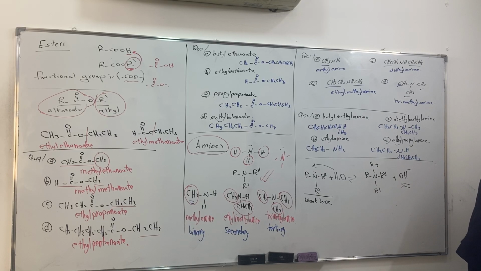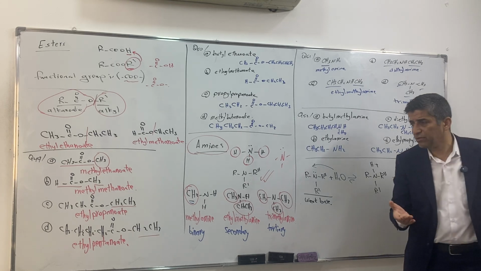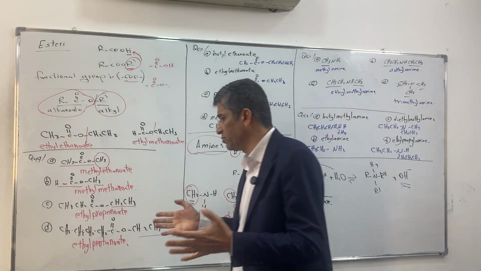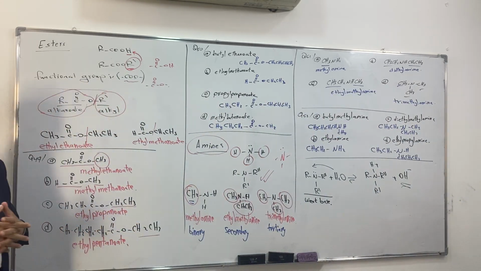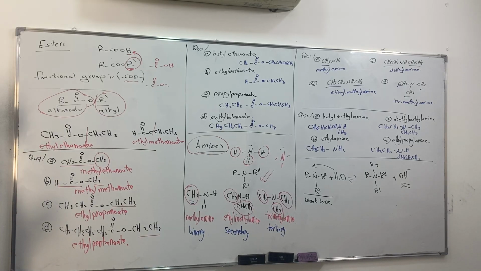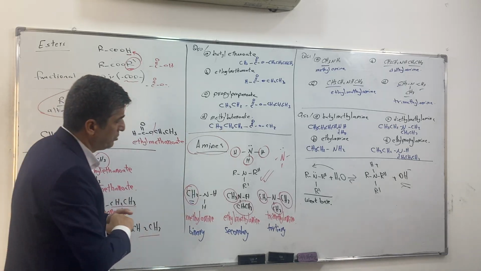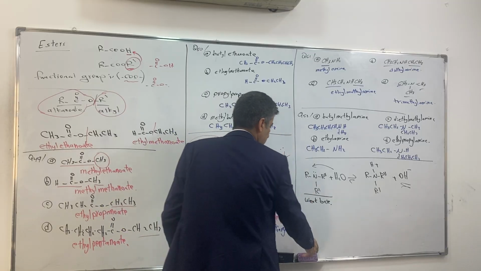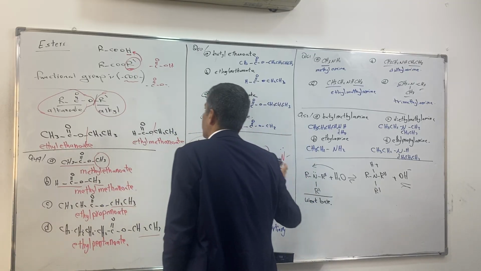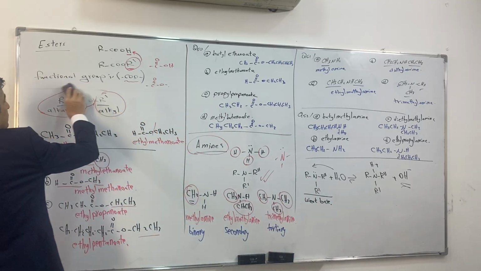You have a table above about the classes you learned: its structural formula, a general formula, and functional group. Everything about these classes is in this table. The table is very important.